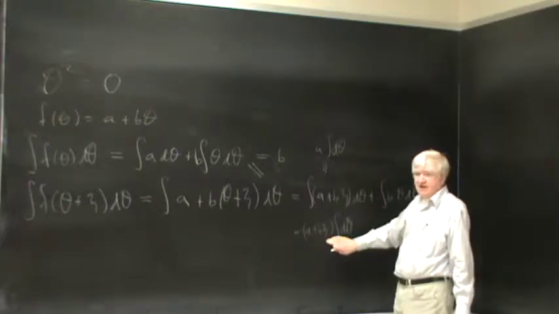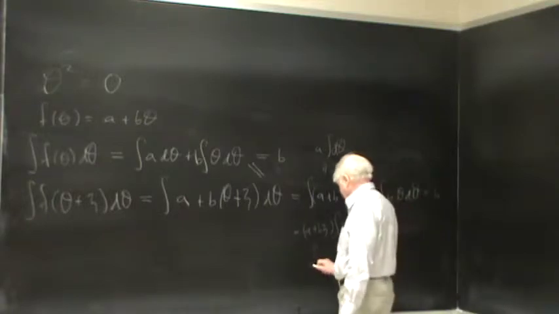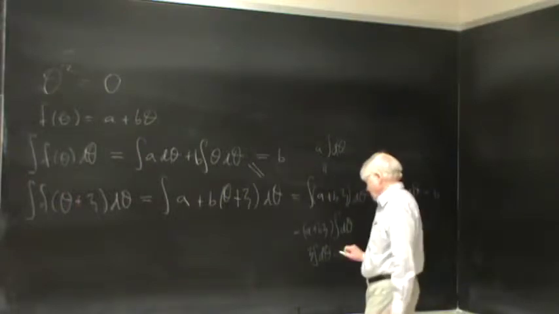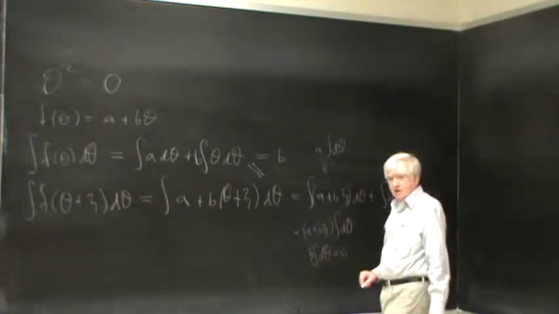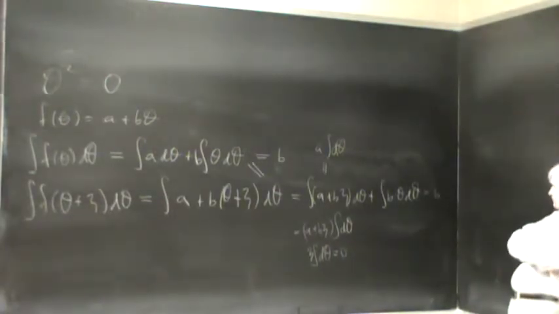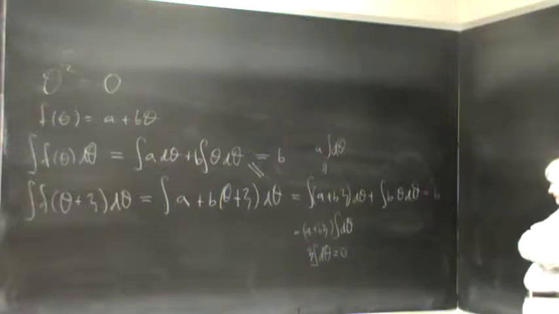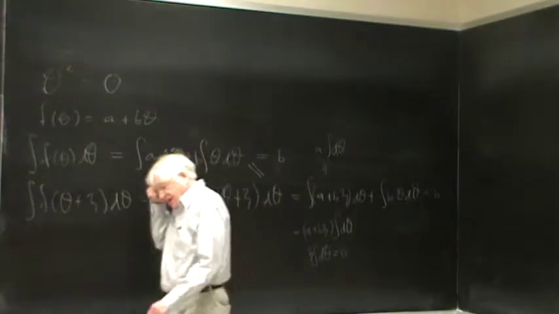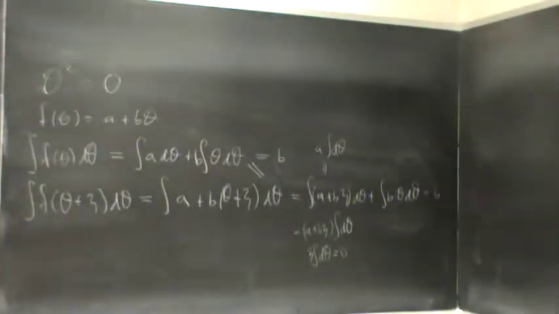So we want this to equal that, which means integral of b zeta d theta is 0. So you're saying all we need is to say that integral zeta d theta is 0. Yeah, so, no, you're right. But zeta is arbitrary. Those are two completely unrelated. I think that what you're saying is correct.